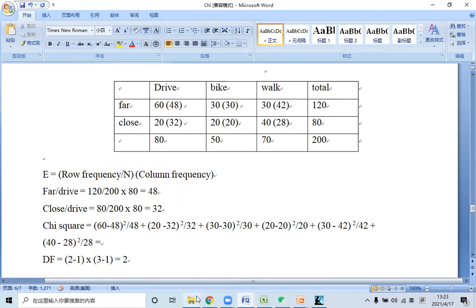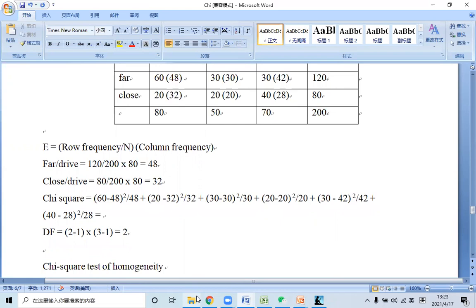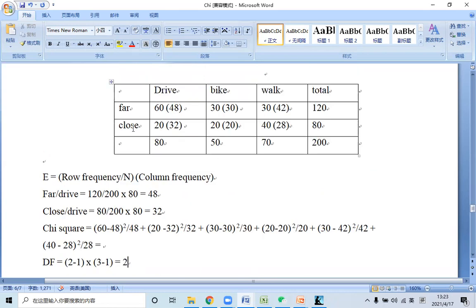And then once you do the calculation, you get the chi-square and you compare it against the cutoff. Here you have degrees of freedom: number of rows minus 1, you've got 2 rows, close versus far away, and number of columns minus 1, you have 3 columns, bike, drive, and walk.